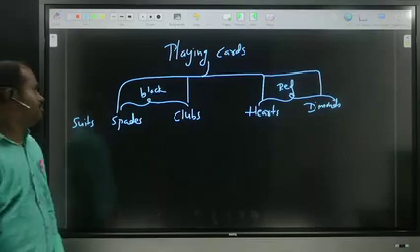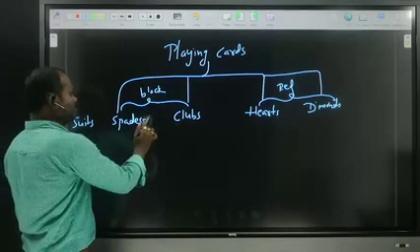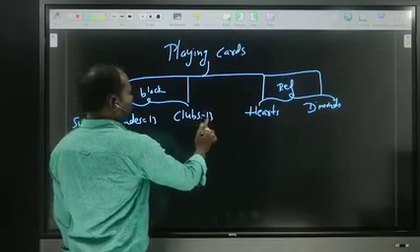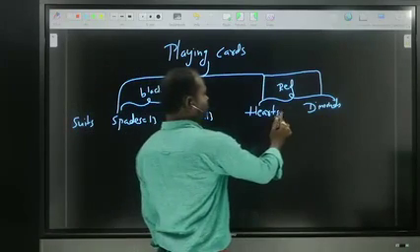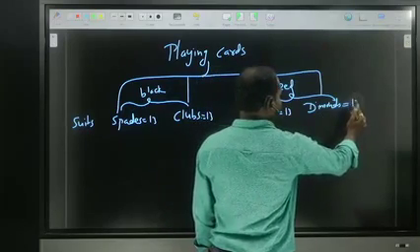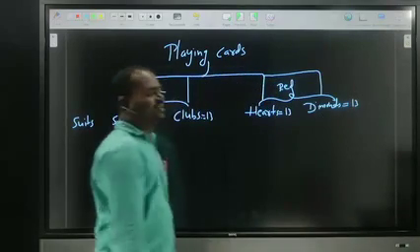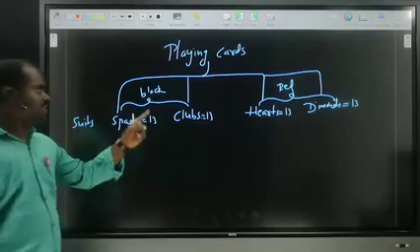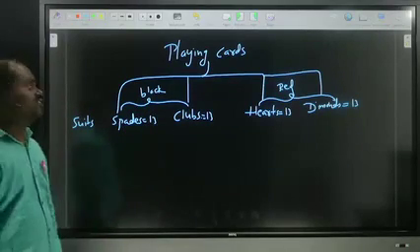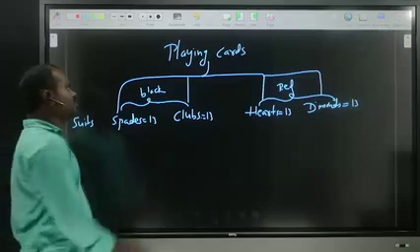Again, each category has 13 cards. Each category, 13 cards. That means suit wise, individually 13. Whereas color wise, 13 plus 13 is 26.